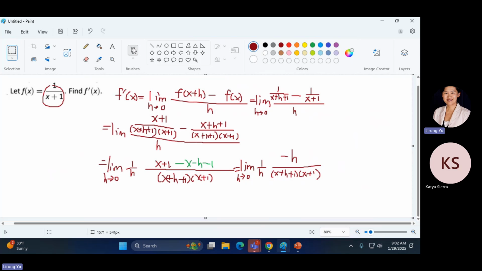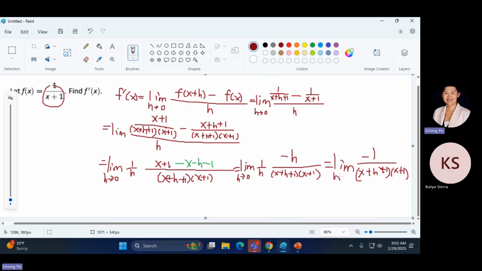Try to make it more space. All right, this is equal to, try to fit them all in the same board. H is canceled, you have a negative 1, and the denominator is x plus h plus 1 times x plus 1.